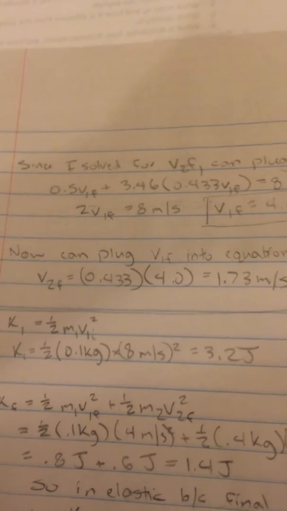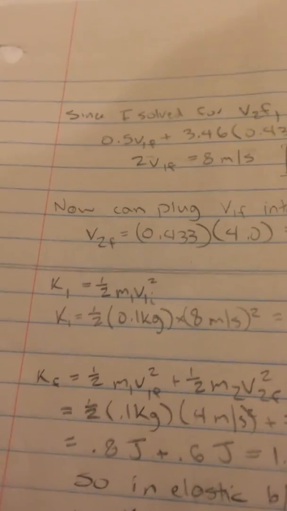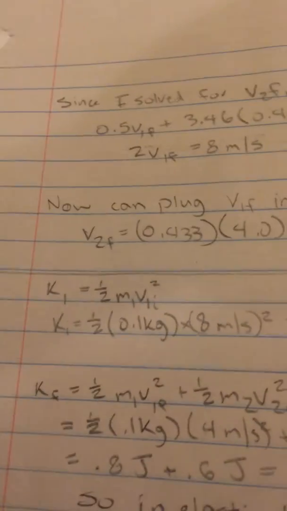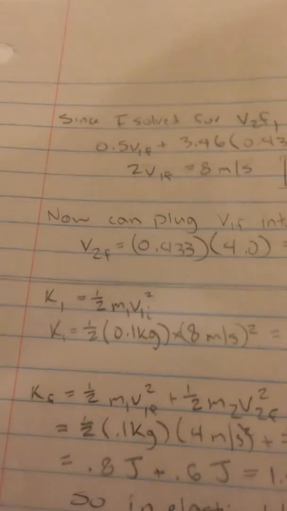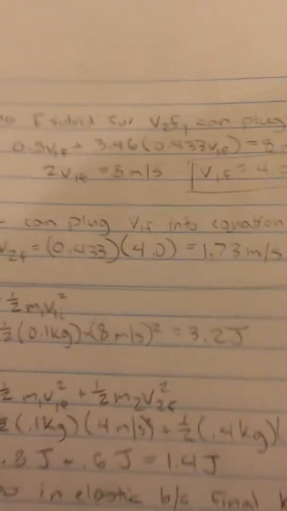And with that information, I was able to find out that the final velocity of the second puck is equal to 1.73 meters per second.